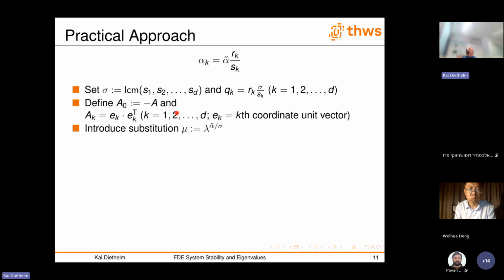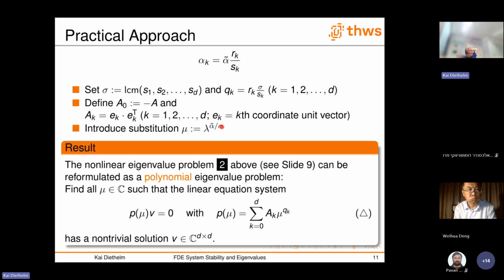Then we introduce one more substitution. We introduce a new variable for our characteristic function called mu, which is lambda to the power of alpha tilde divided by sigma. Remember, we've just computed alpha tilde and sigma, so this is also not a problem.